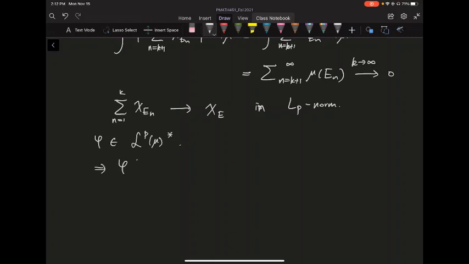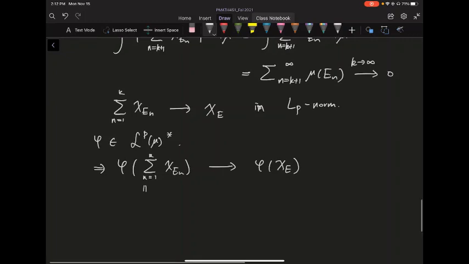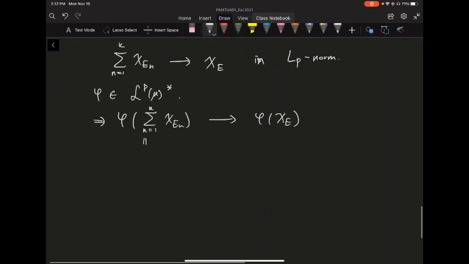Basically that tells you that when you apply it to this sequence of partial sums, n going from 1 to k, of chi of E_n, that's going to converge to phi of chi of E. Okay, that's convergence inside the reals. And because this phi is linear, now the left-hand side is a finite sum of these chi of E_n, so you can break it into the finite sum of phi of chi.